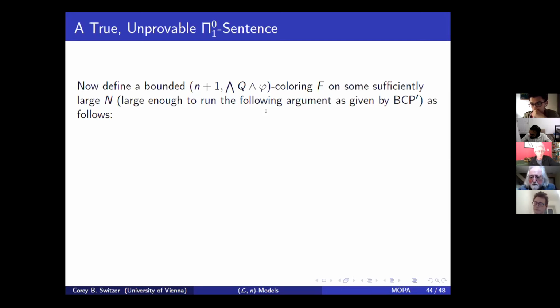And if that function's total, then you could build a model of Peano arithmetic. Okay, that's very interesting. Thank you. My knowledge of the history of this is very much lacking, so this is very helpful. Thank you. Yeah, I was there.